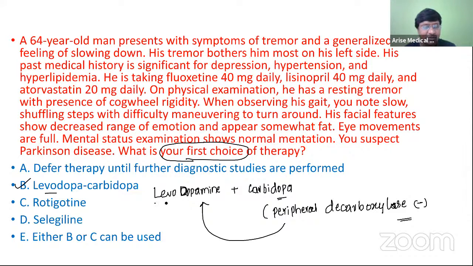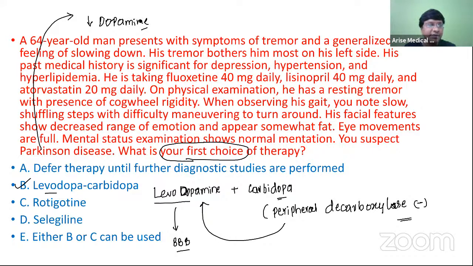Now, what is the purpose of giving levodopa instead of just dopamine? Because dopamine does not cross the blood-brain barrier. It is levodopa which will cross the blood-brain barrier. That is the reason why we give levodopa instead of dopamine. Even though in Parkinsonism the pathology is a decrease in dopamine, so it would be sufficient if you just gave dopamine itself.